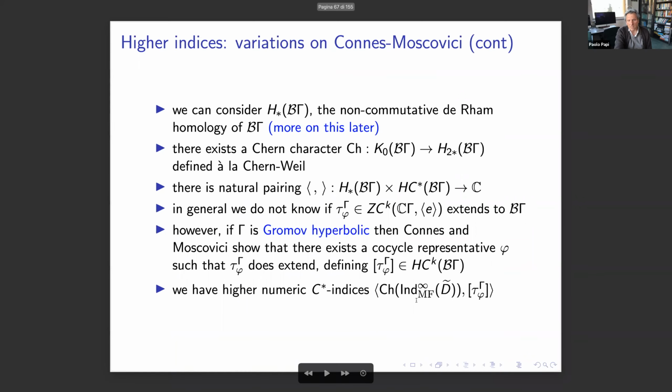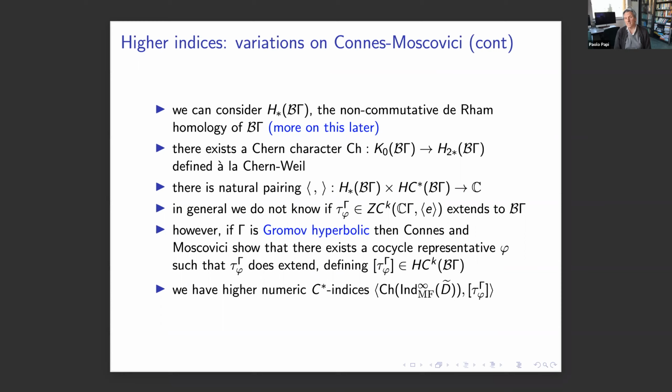And this means that we can define these higher indices now, because the Chern character brings you to non-commutative de Rham cohomology. Non-commutative de Rham cohomology is in cyclic homology.